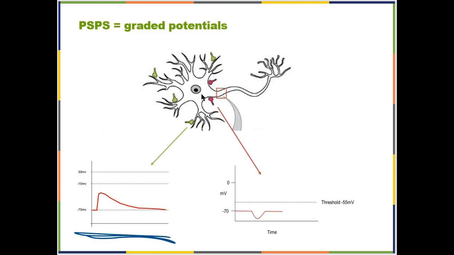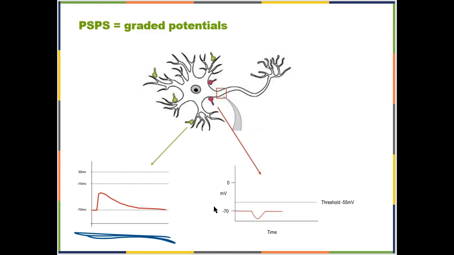That would be an excitatory postsynaptic potential. And then over here, these red neurons are dumping a different neurotransmitter onto our central neuron, and that's causing hyperpolarization, or an inhibitory postsynaptic potential.